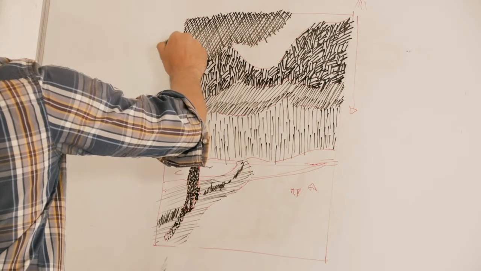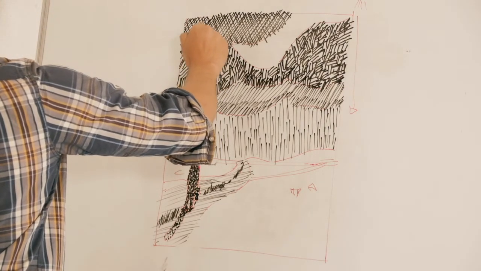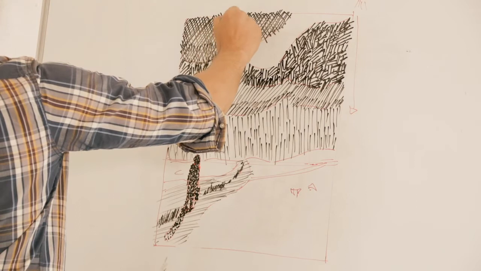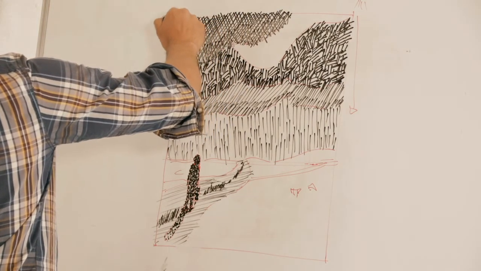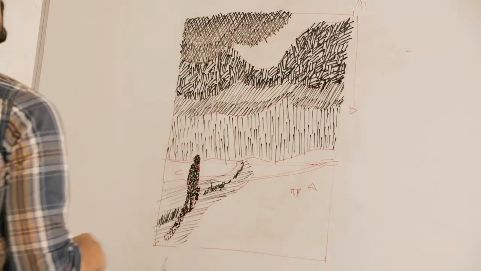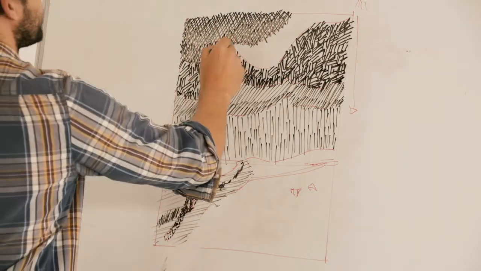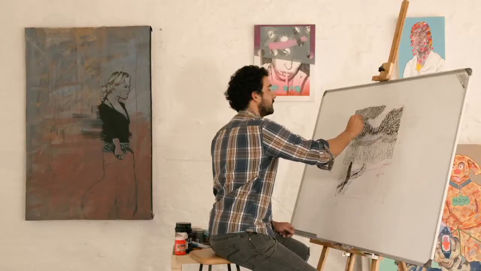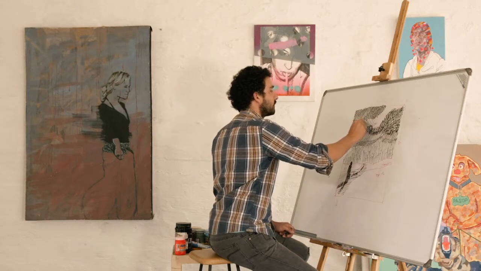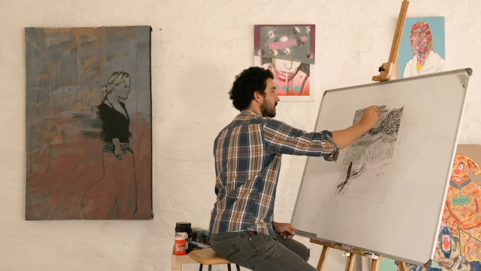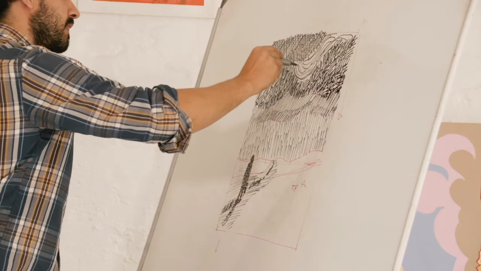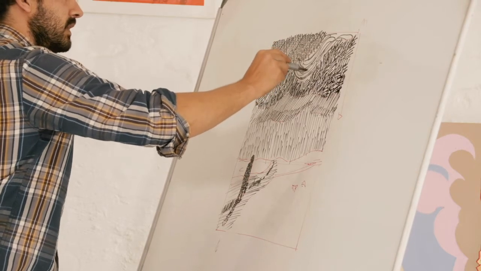I'm going to just do another line just to emphasize the darkness. Now again, remember, cross-hatching is a really great alternative to complete darkness. It just adds a bit more depth. I'm going to create just a slightly lighter area over here.